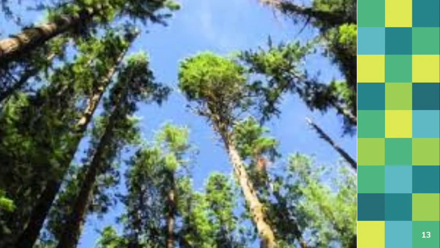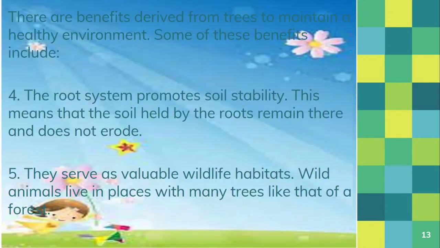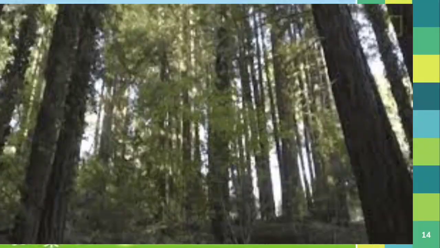Number 4. The root system promotes soil stability. This means that the soil held by the roots remains there and does not erode. Number 5. They serve as valuable wildlife habitats. Wild animals live in places with many trees like a forest.